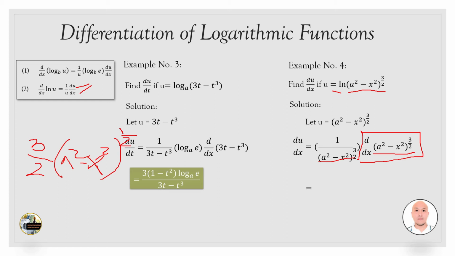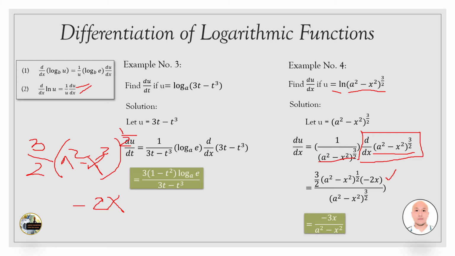Then you have to put it here, and the du is negative 2x. Here we'll continue: the derivative of negative x squared is negative 2x here. So our final answer now will be negative 3x over the square root of a squared minus x squared.